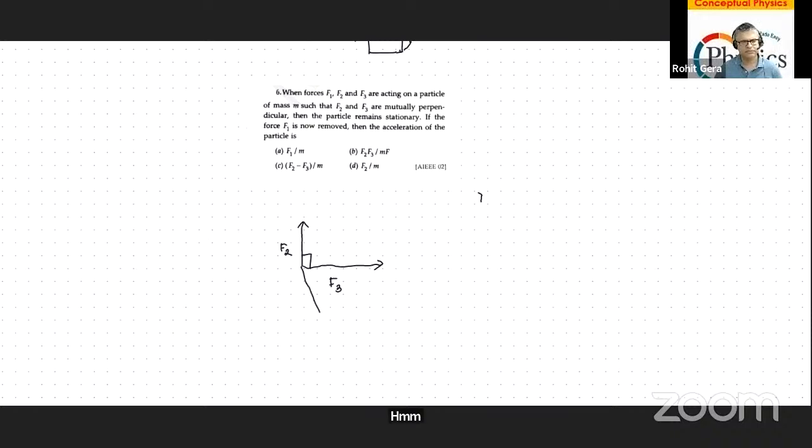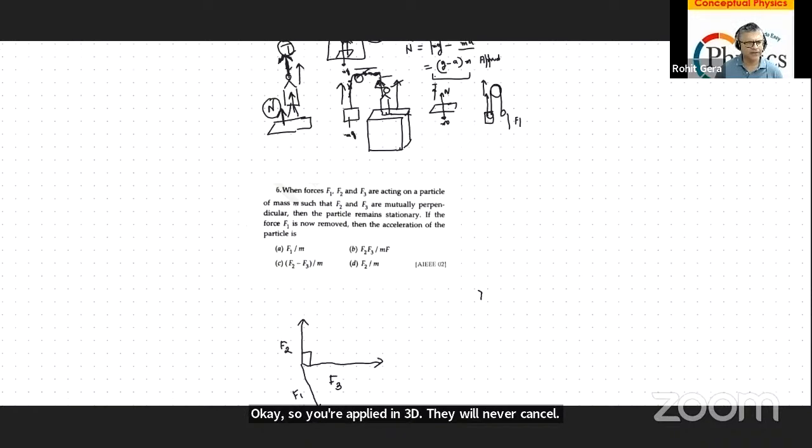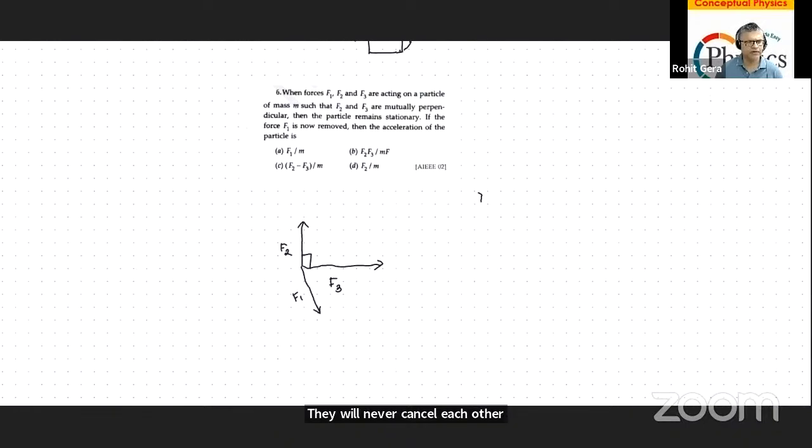F1. You know vectors now, right? You have a sense of vectors. You use your knowledge of vectors. Okay, so you have applied in 3D. They will never cancel. I, J, K. They will never cancel each other. F1 and F2 are acting. You have drawn them perpendicular.